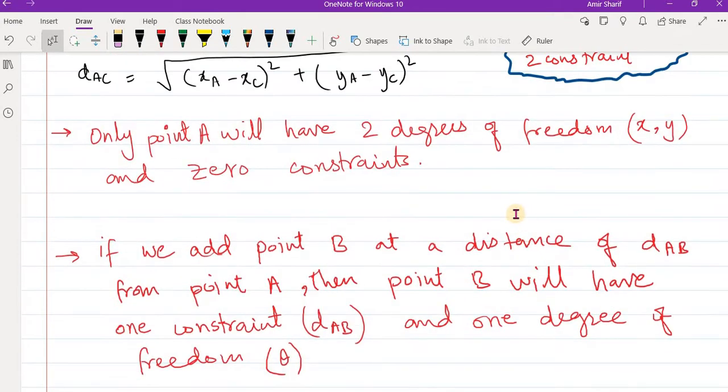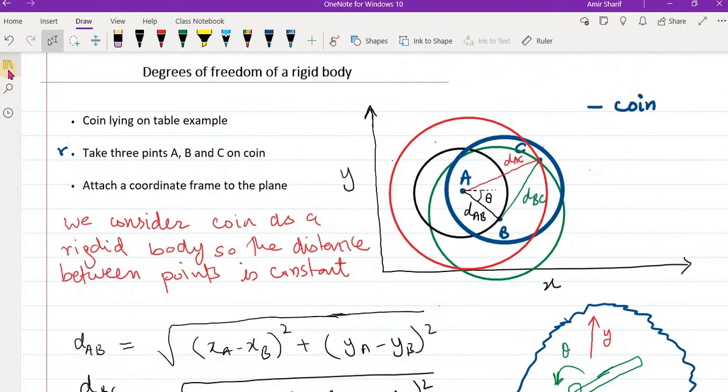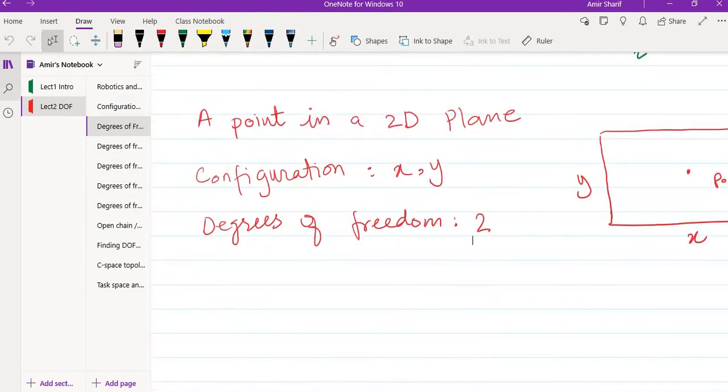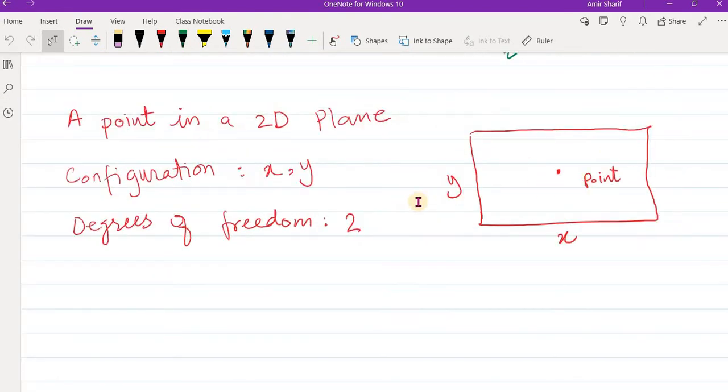Now what we have learned with these 3 points is that point A, when alone, will have 2 degrees of freedom, as we learned in the previous slide, where we said that a point in a 2D plane has 2 degrees of freedom.